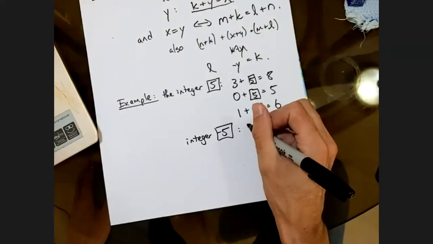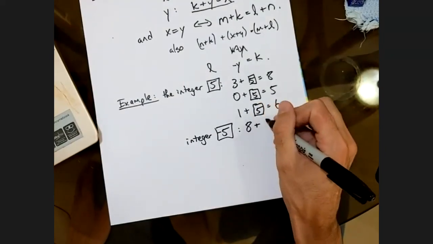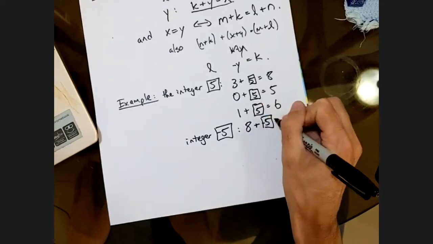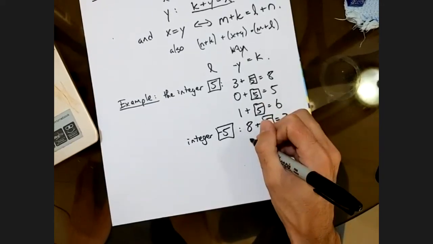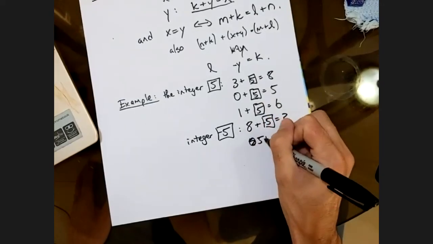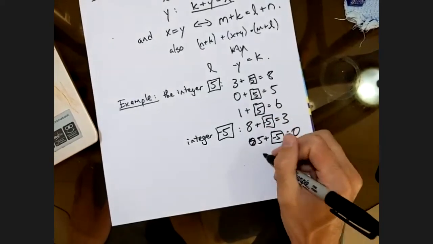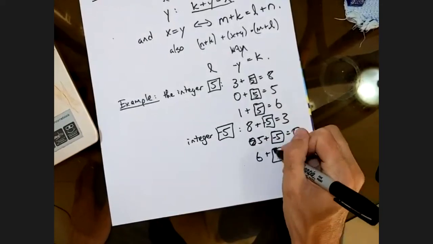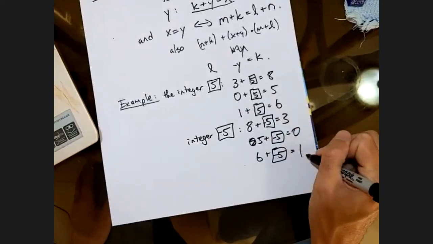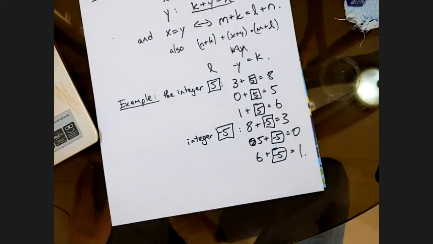To get the integer negative 5, we just switch everything: 8 plus negative 5 equals 3, 5 plus negative 5 equals 0, 6 plus negative 5 equals 1.